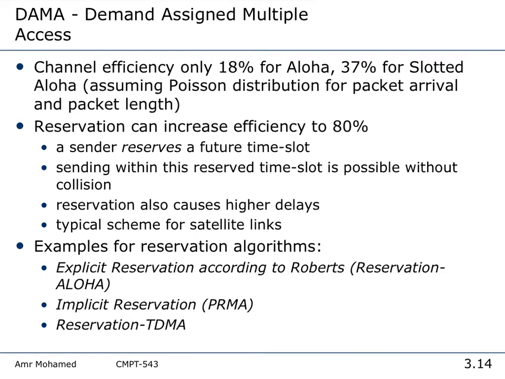All the other nodes will know that the channel is reserved for this particular duration, in which case they will refrain from transmission. But as we will see, this reservation itself is an overhead, and it requires some mechanism to perform it. Even in very low system loads, the maximum efficiency for Aloha is 37%.